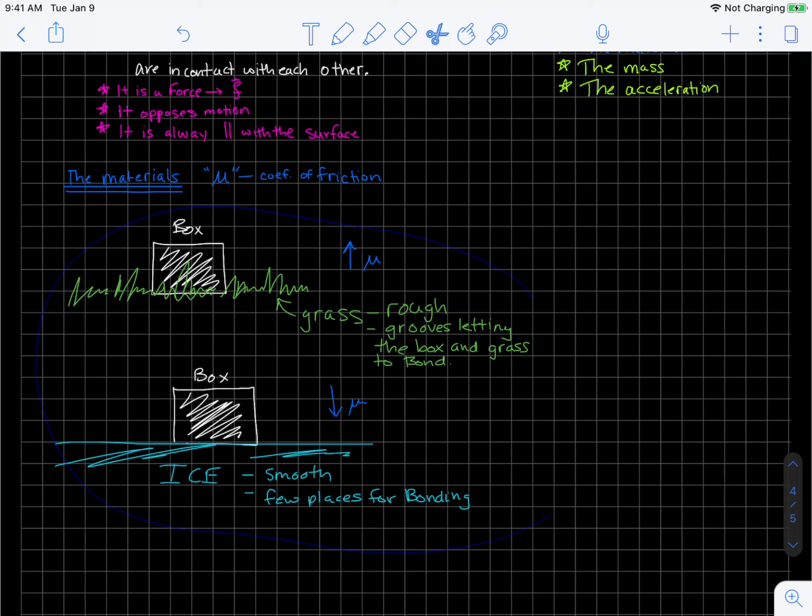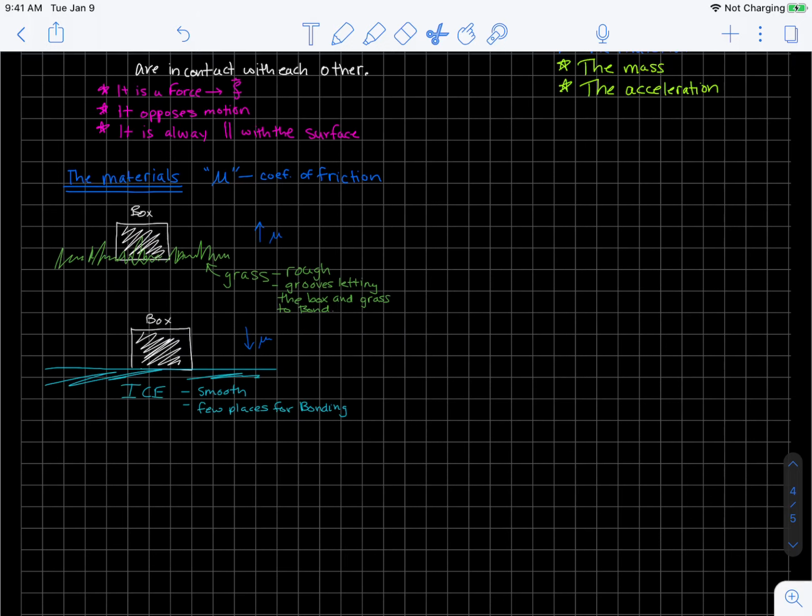Now, the coefficient of friction is usually known. We have a list of coefficients of friction, which you can see in Schoology. That list is posted for you. It can be anywhere from 0.01 to 1.8, which is a relatively large coefficient of friction.